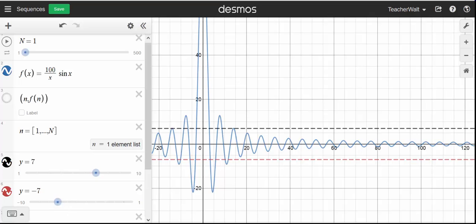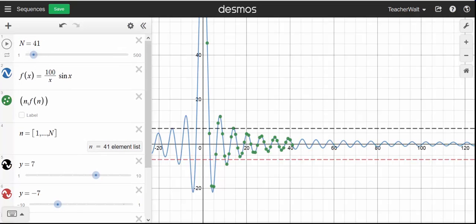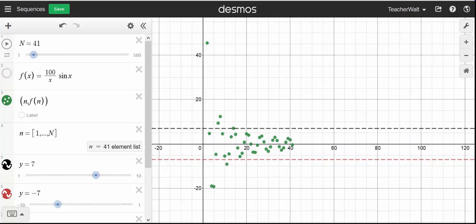Let's suppose I don't want to deal with the function 100 over x sine x, and instead I want to limit the domain just to the positive integers. So I'm just going to limit the domain to the positive integers. I've generated a few of them, and let me turn off the function. There they are.